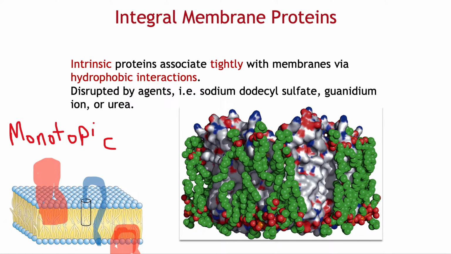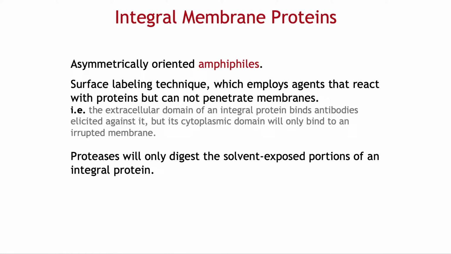So one part of the protein is exposed to one side, the other part to the other side, but it spans the entire lipid bilayer. And those are known again as polytopic. And everything is through hydrophobic interactions. So if you think about it, the lining of the protein that is facing the lipid bilayer would tend to be hydrophobic amino acid residues.